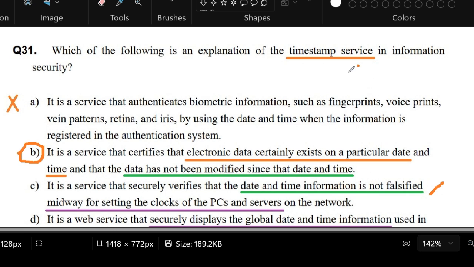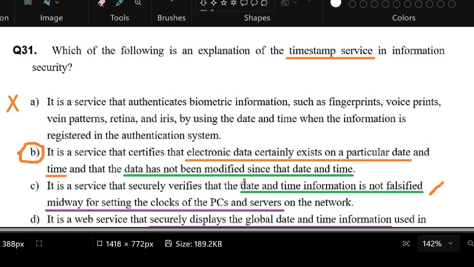And again, what we're going for is the timestamp service used for something like information security. So that part is also important to remember, because the other remaining choices would have something quite not like what we are going for.